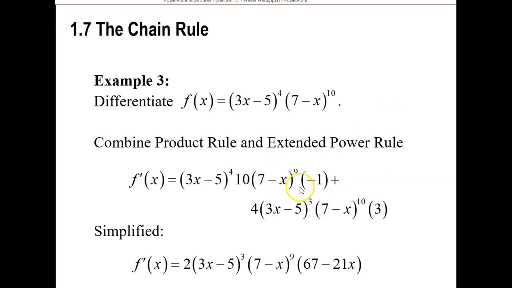There's also a common factor of 7 minus x to the 9th, because there's a 7 minus x to the 9th and a 7 minus x to the 10th. And you've got a 10 here and you've got a 4 here, so there's a common factor of 2. So this 2 times this is all a common factor being factored out. And then once you factor that out and then clean up the leftovers, that's where this other result comes from.